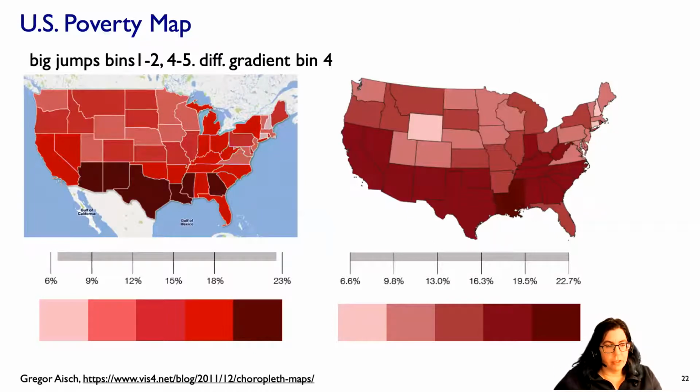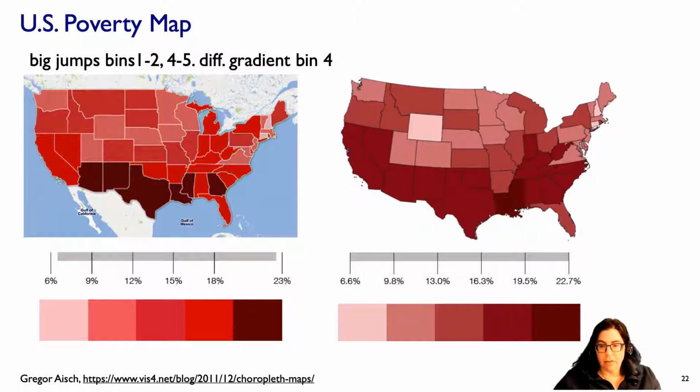Something that's really strange here on the left is, if you just don't even look at the map yet, look down at the legend, something very odd is happening where we've got quite a jump between bins 1 and 2. And then there's again really a big jump between bins 4 and 5. It's actually almost impossible to tell the difference between 3 and 4.